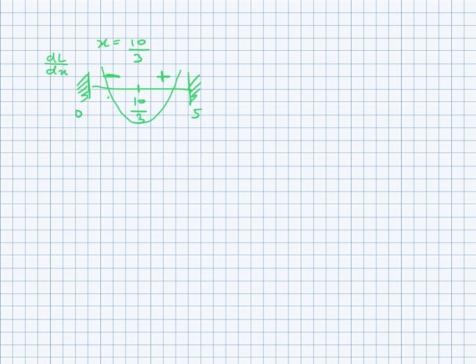So what we can say here, the minimum length of pipeline occurs when x is equal to 10 over 3 kilometers.